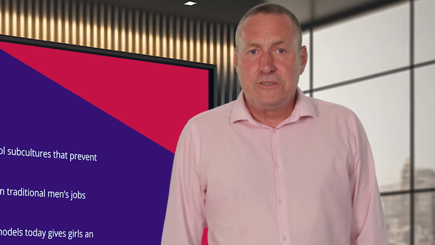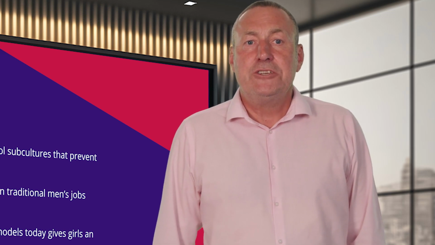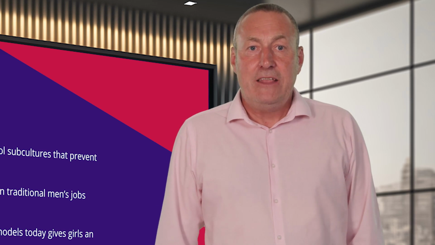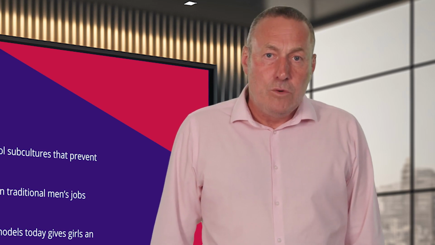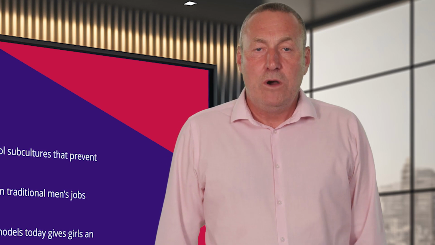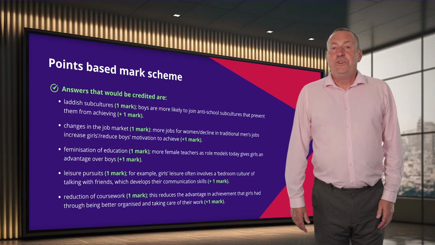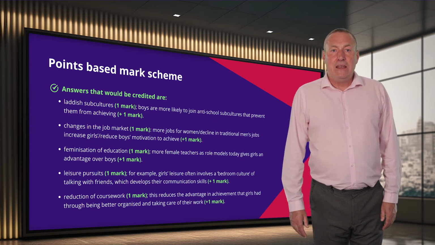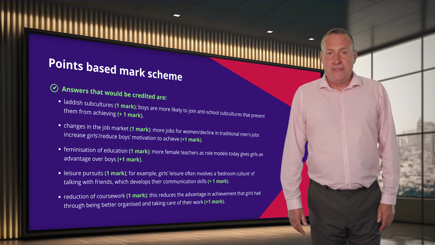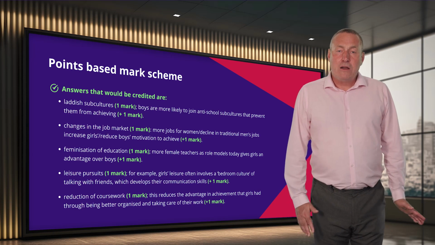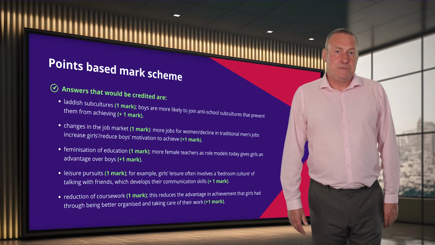Then if they went on to say this reduces the advantage in achievement that girls had through being better organised and taking care of their work, that would also give them another mark. We should also bear in mind that other relevant material would be credited on a mark per mark basis.